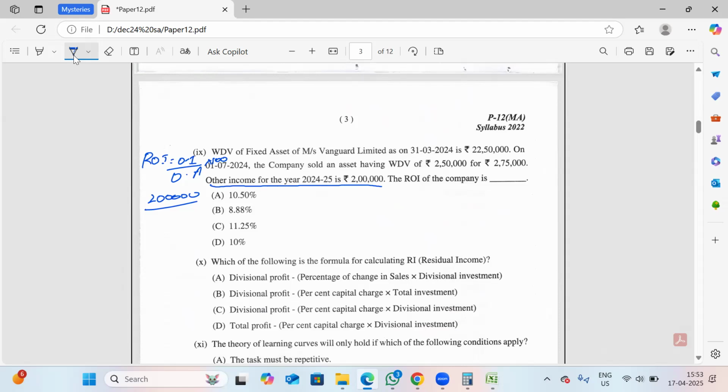That means we will have an asset value of 20 lakhs at the end of 31st March 25. So 2 lakhs divided by 20 lakhs into 100. So we will get a return of 10 percent. So option D will be the right answer.